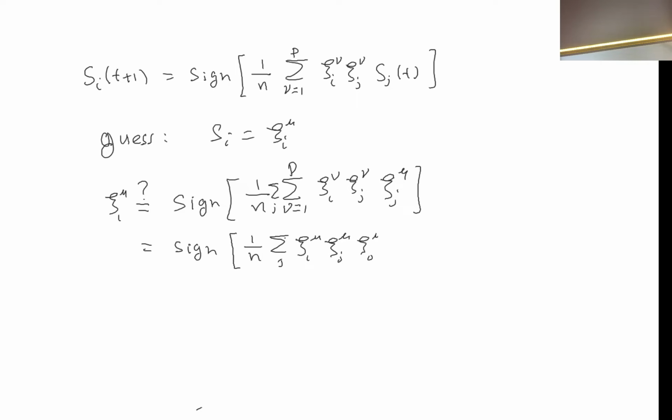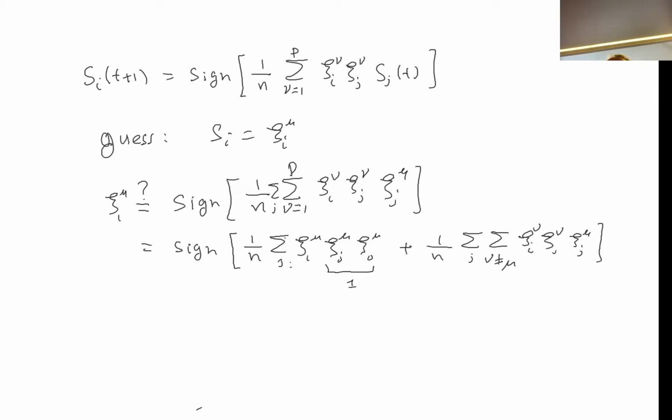That's the nu equals mu term, and there's also plus 1 over n, the sum on j of the sum on nu not equal to mu, squiggle I nu, squiggle j nu, squiggle j mu. Okay, squiggle j mu squared is just equal to 1.